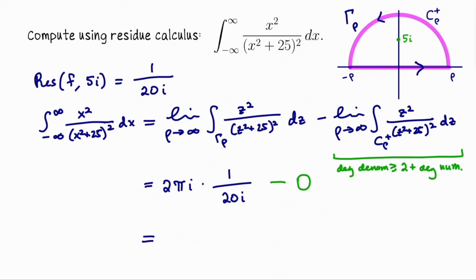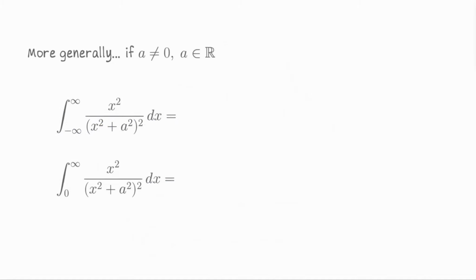So now we conclude that the integral of this function from negative infinity to infinity is going to be pi over 10. You'll notice 10 looks like a multiple of 5, which we squared to get to 25, so let's just generalize this result. Here's a more general expression where we imagine that a is some non-zero real number.